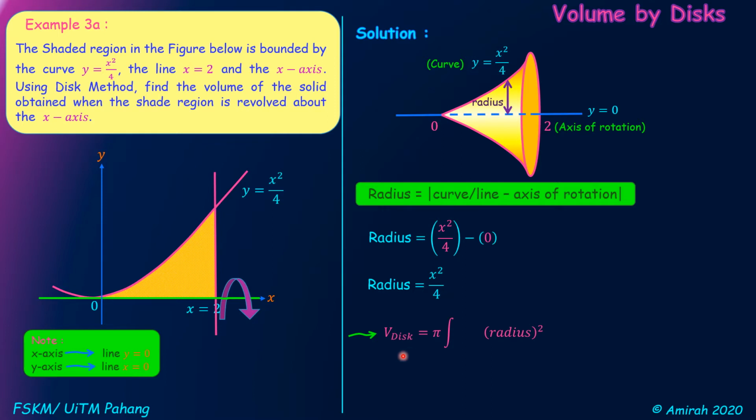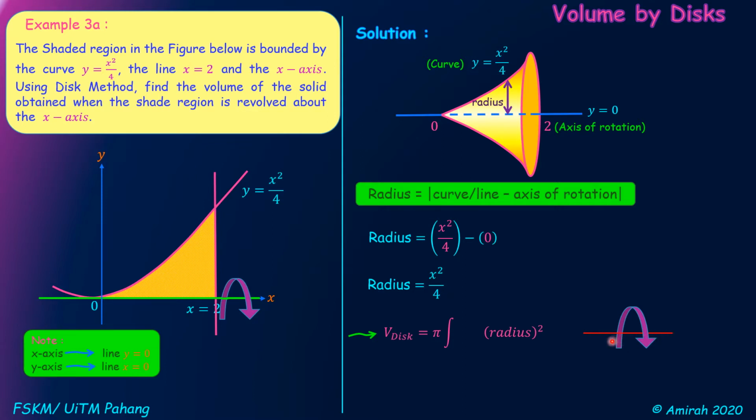After that, we can set up the volume by this method formula, which equals pi times the integral of radius squared. Then we compare with the axis of rotation, which is the x-axis, a horizontal line.